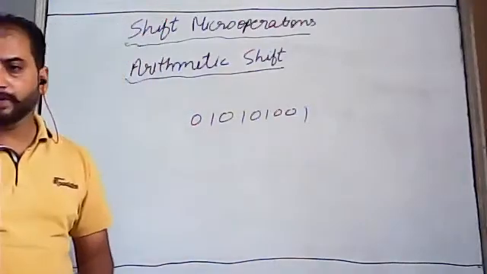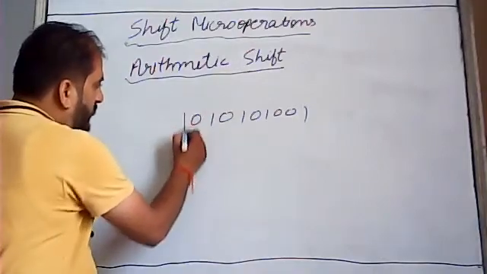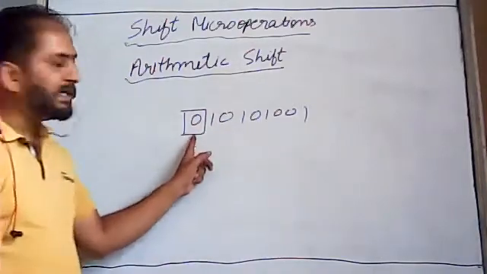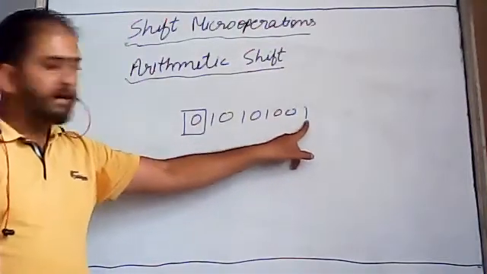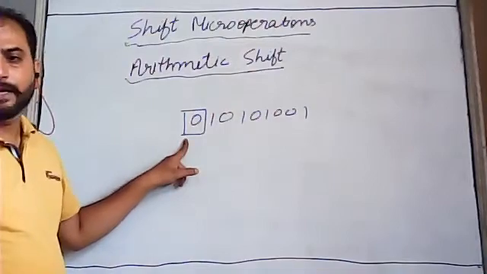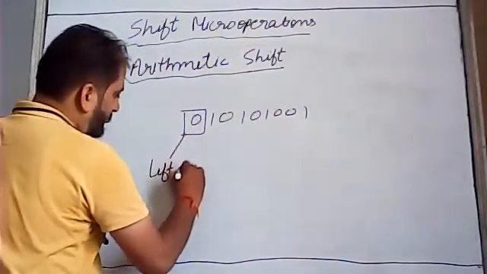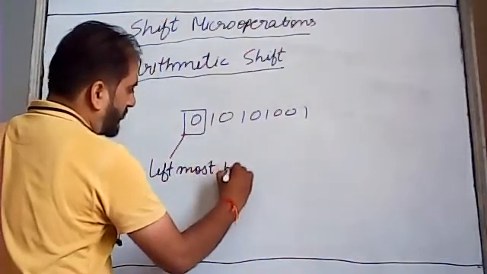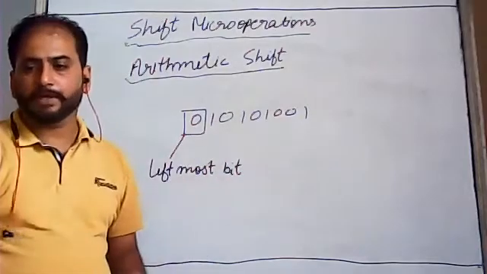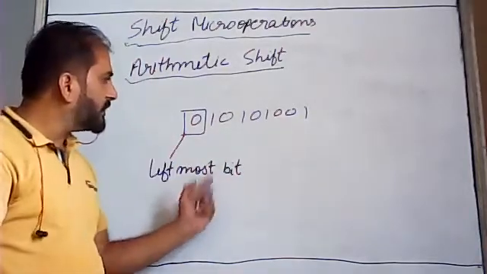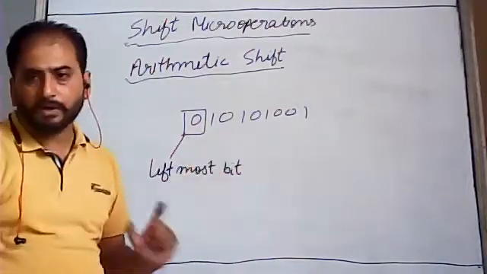For that purpose, this one is the rightmost bit, and this one is the leftmost bit. The leftmost bit tells the sign of the data, whether it is positive or negative.